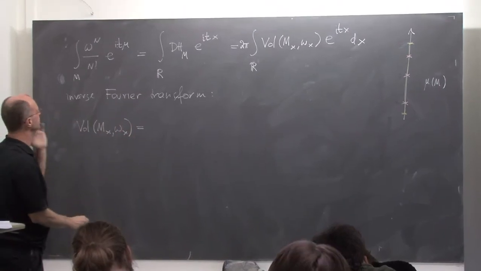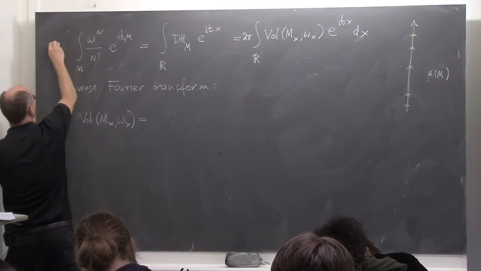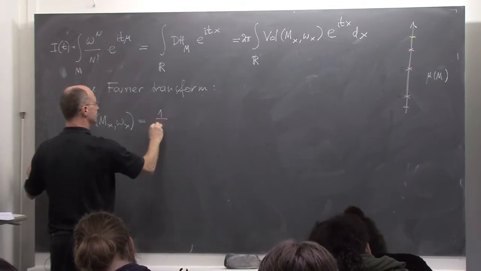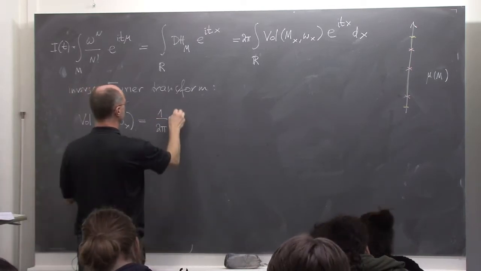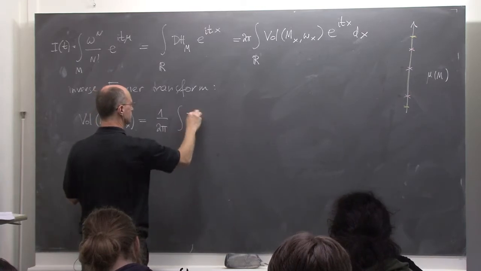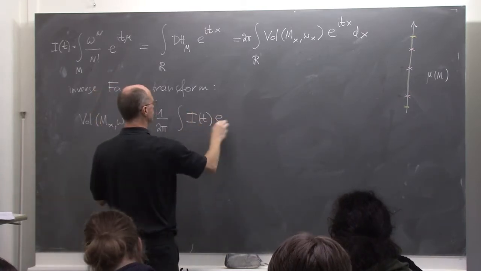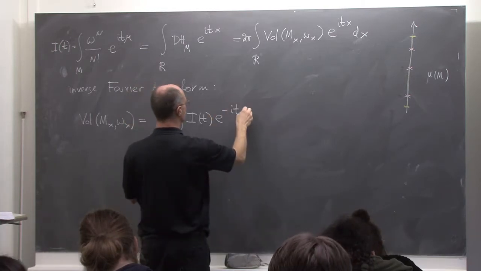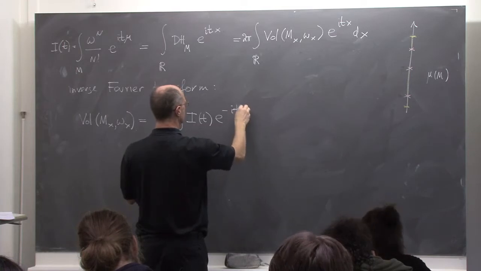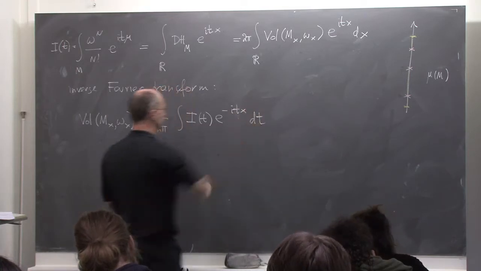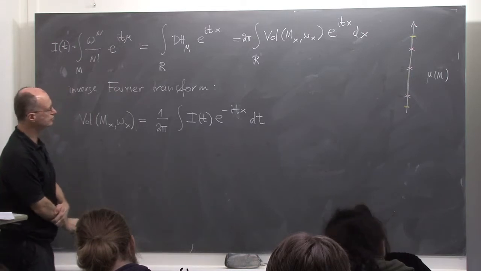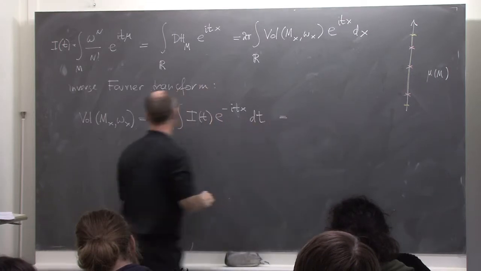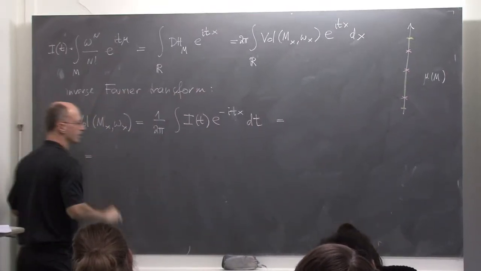So this gives us, let me denote this integral I of t, something like this: 1 over 2 pi, integral of I of t, exponential of minus i t x, dt. Right. Very well.